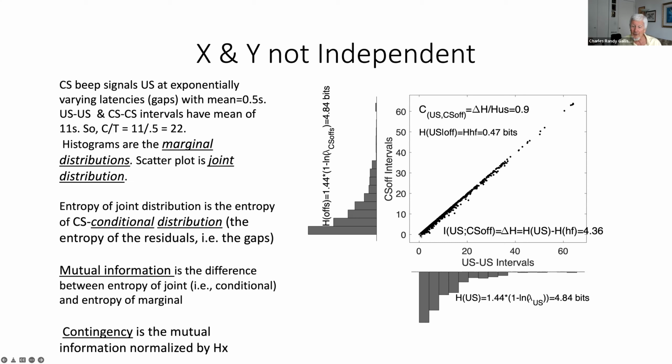It's the entropy of the residuals, these modest deviations from this line. So in this case, there's a lot of mutual information between Y and X, which means that learning the value of Y greatly reduces your uncertainty about how long you're going to have to wait for the next X.